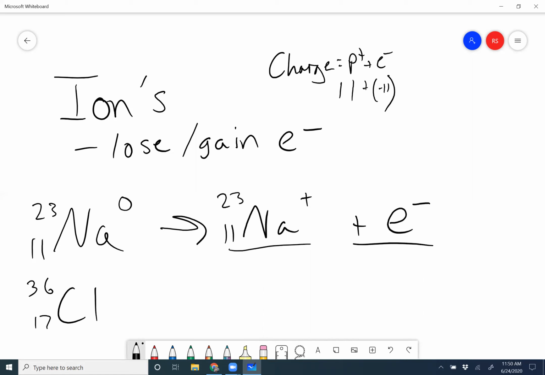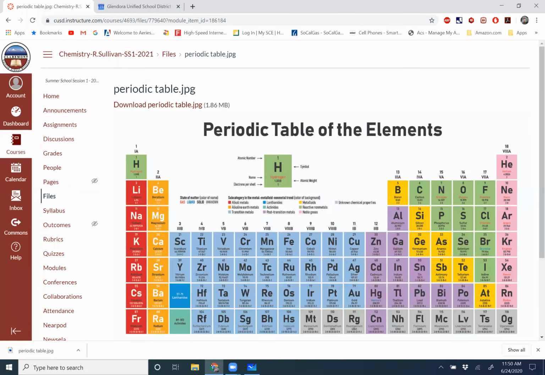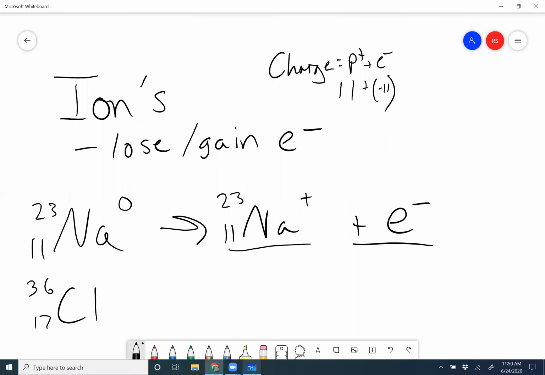It is number 17 on the periodic table, if you look over here. And so when it becomes an ion, it likes to gain electrons. So it wants to get an electron, and we get the chlorine -1 ion. It's still going to be 36, still going to be 17, but it gained that electron, and it becomes the ion chloride.